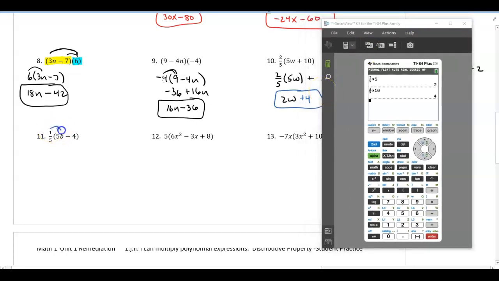So here, when I distribute this, 1 alpha y equals, I'm going to go 1 over 5 times 5 first, sorry. That's going to give me 1.